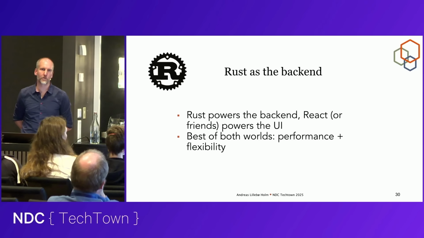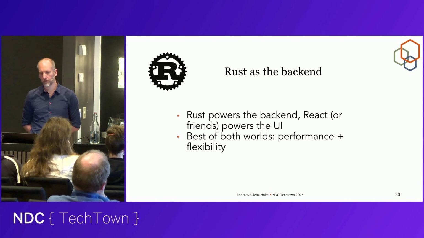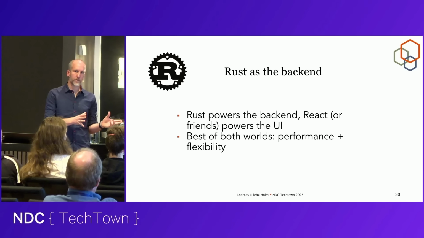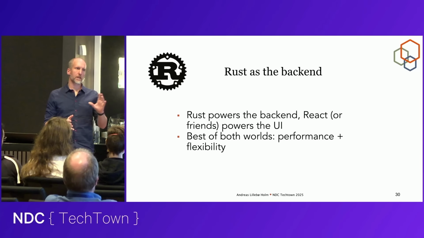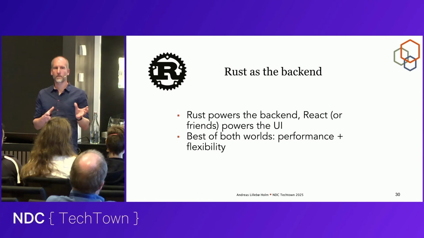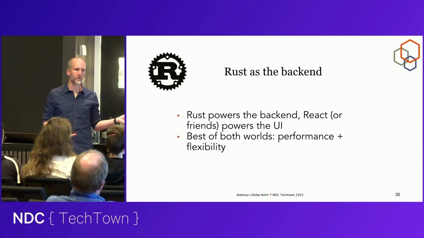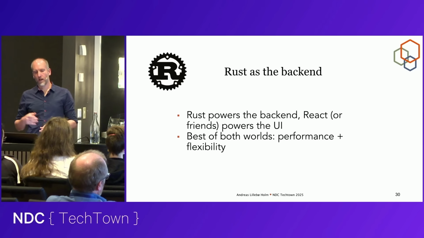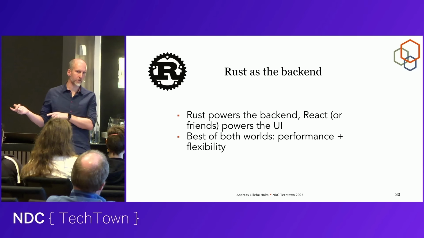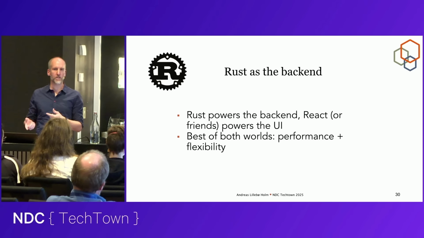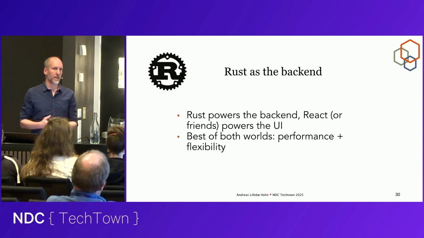React is the most common, I think, but there are multiple web frameworks that you can use to power the UI. And for me, that's one of the good things about this, because I do believe the backend should be in a performant language, and I think Rust is very performant for this purpose. But I also believe the front end has an advantage in coming from the web world, because I think the iteration of developing on the web platform is faster, and you can move faster.